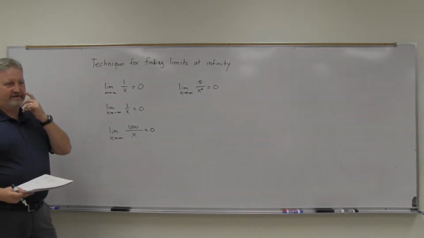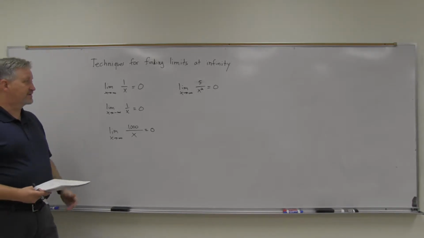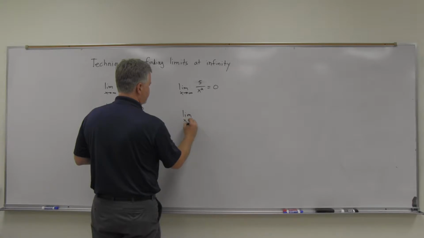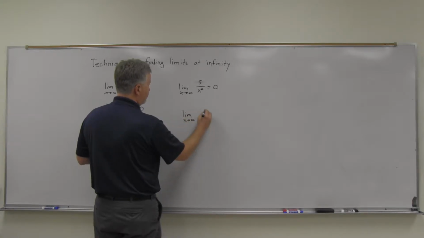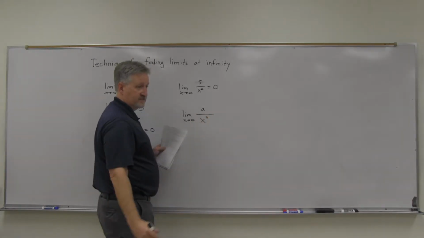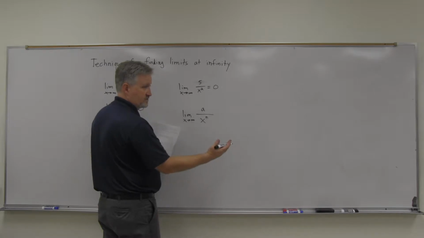This little fact here will help us a long way, because if I have the limit as x approaches infinity of any number, call it a, divided by x to any power, as long as the power is greater than 0.